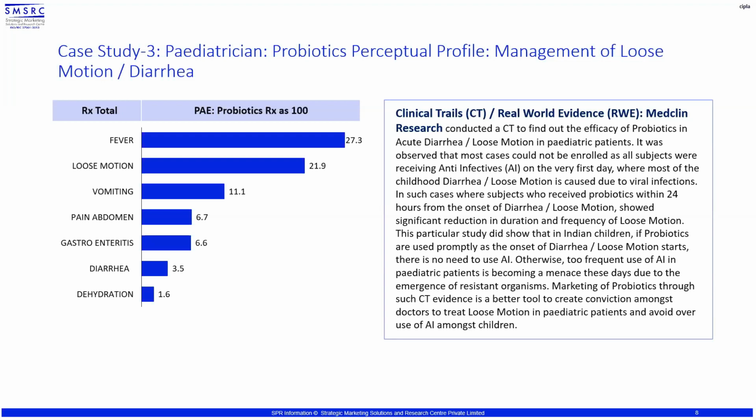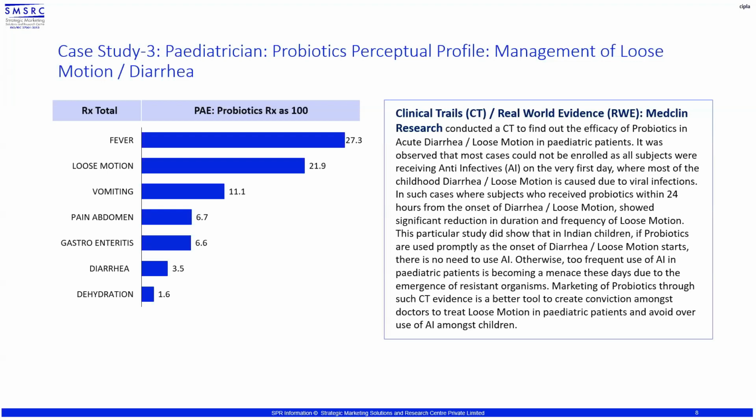Dr. Manjuri is present, I believe, in this forum, and I picked up this case study from her. She is a practicing pediatrician attached to ICH, the Institute of Childhood in Calcutta, and also a director at SMSRC. So MedClean Research conducted a clinical trial to find out the efficacy of probiotics in acute diarrhea and loose motion.